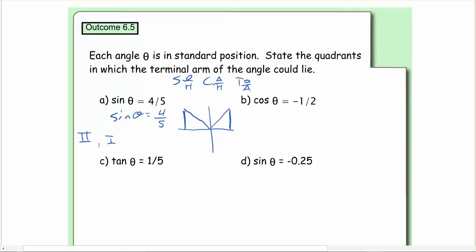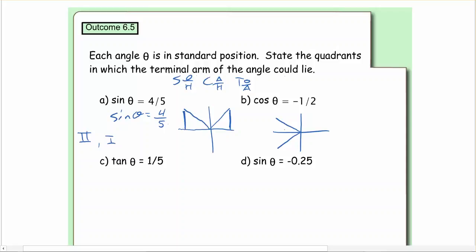Okay, so let's look at this one. Cosine -1 over 2. Cosine was adjacent over hypotenuse. So I'm going to think about it and say, okay, adjacent is -1. So if it was like this or like this, it would end up being negative, right?